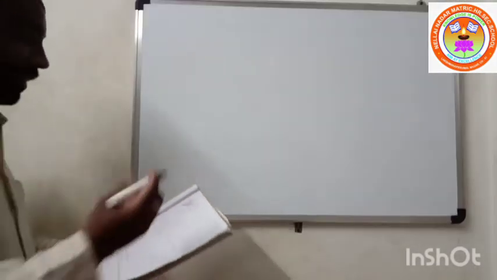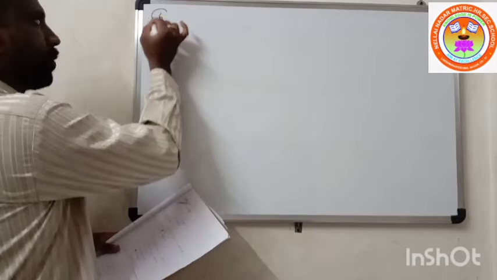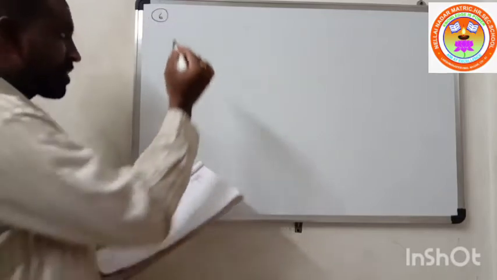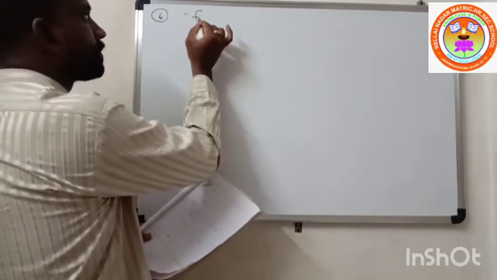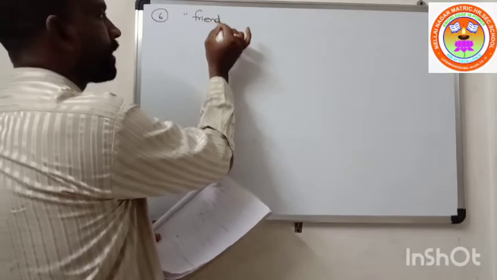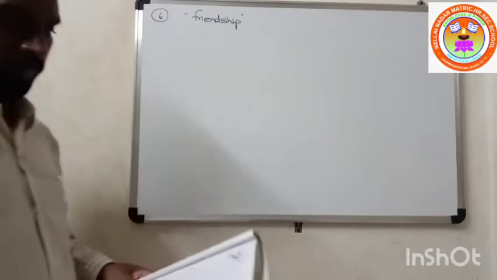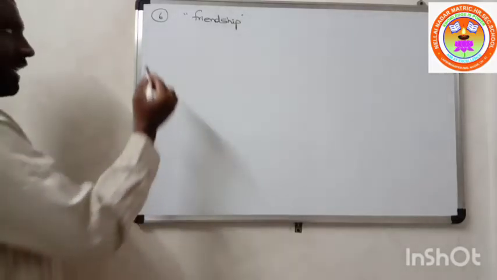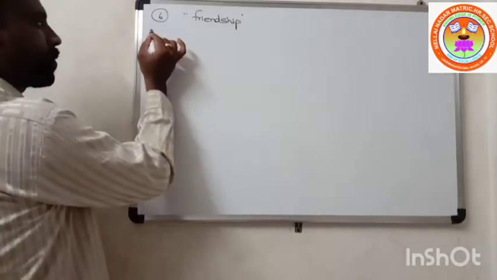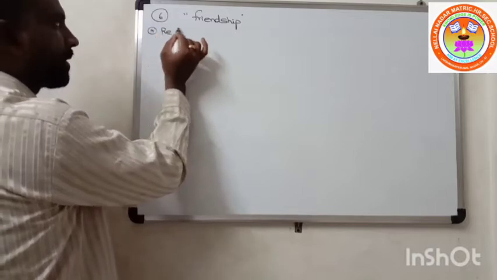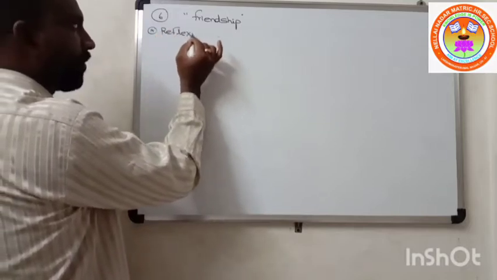Now I am going to the sixth one, friendship. Friendship is not an equivalence. First one is reflexive.